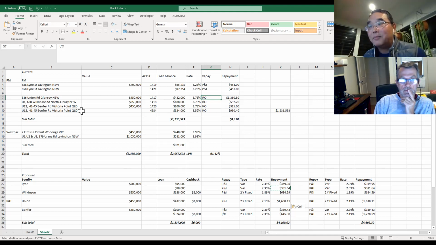Their calculation rate is 5.04%. So I don't think you have a problem to make the payment. The only issue is you want to pay less, but the cost is a high rate, and you want to put money in an offset account rather than put it into the equity, into property.